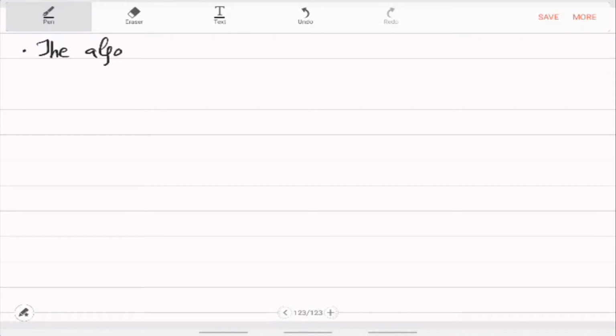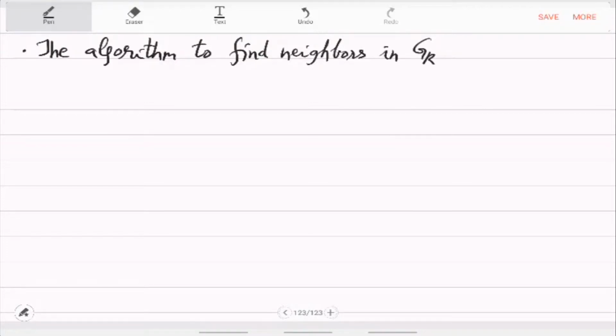So the algorithm to find neighbors in GK of a vertex v is recursive.